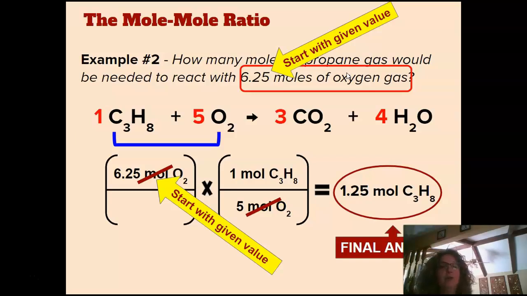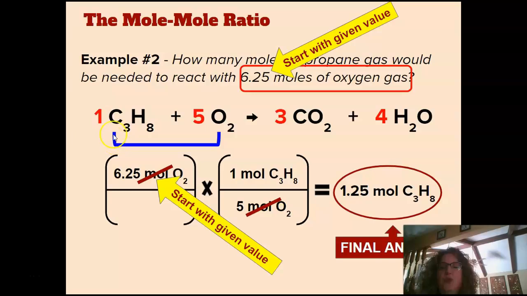How many moles of propane gas would be needed to react with the same 6.25 moles of oxygen? In my equation, I am starting with oxygen and I'm looking for moles of propane. As before, I start with what's given, 6.25 moles of oxygen.